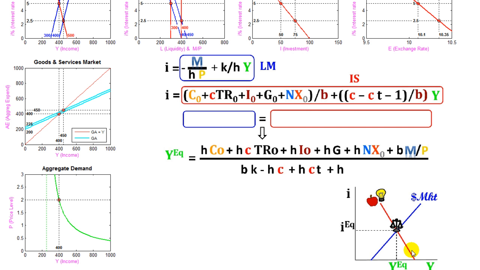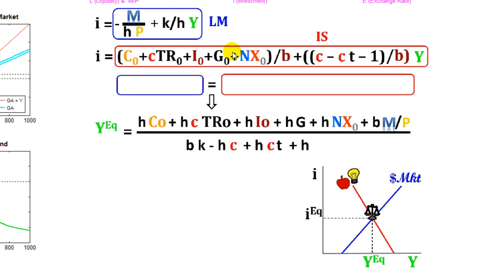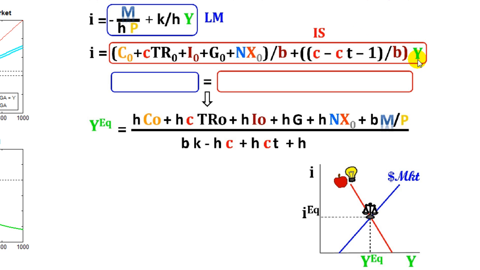How did we get the intersection between the IS and the LM curve? Well, for any value of income, these interest rates are not necessarily equal. For example, here the interest rate for the IS curve is 0 and for the LM is not 0.